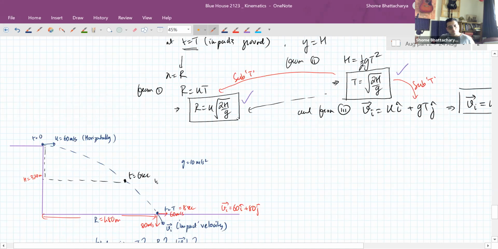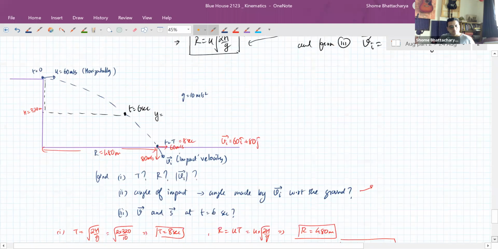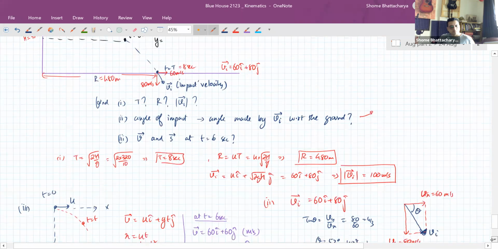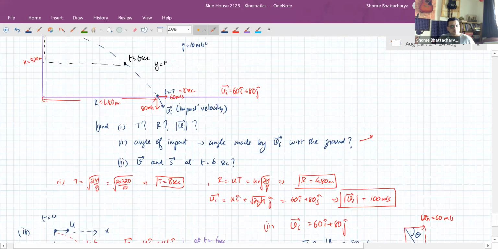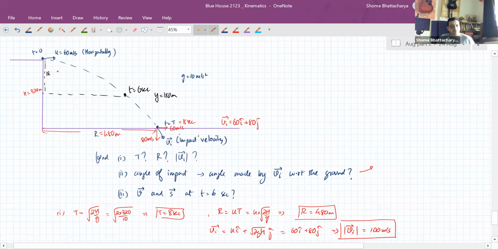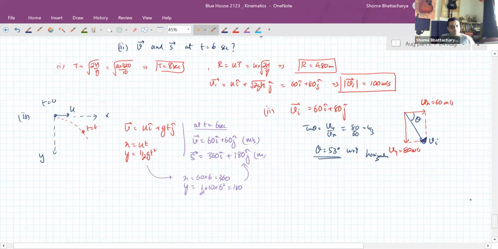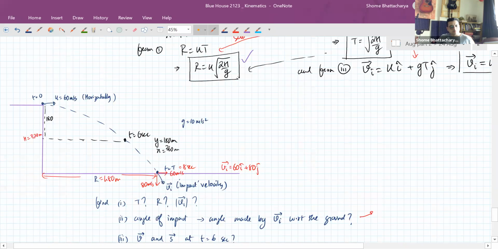So y is 180, which means this thing here is 180. And x is 360. So this distance is 360 meters.